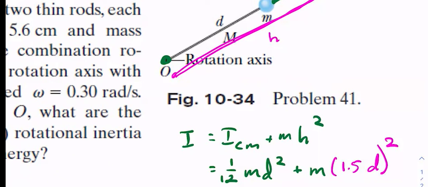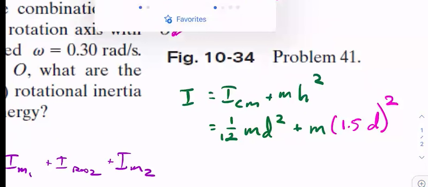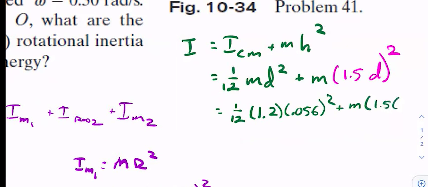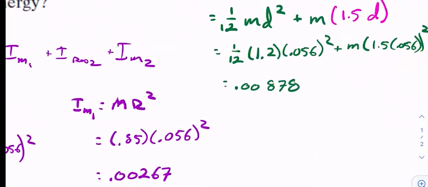In this case, it's 1.5 d. And when I put all those numbers in, I got 0.00875.